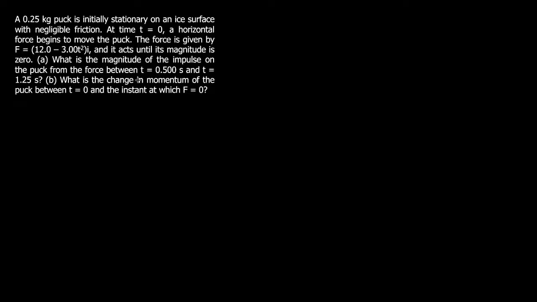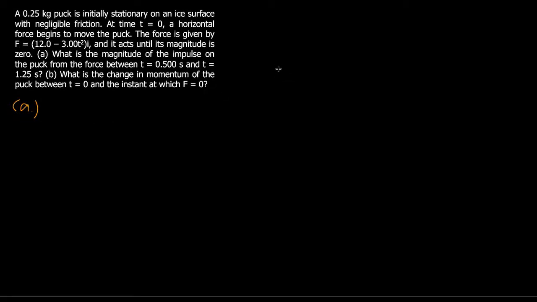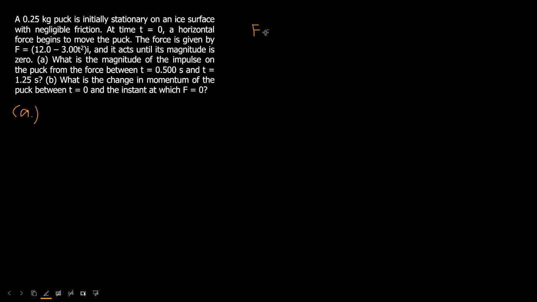So let's deal with the problems now. So for letter A now, we are finding the magnitude of the impulse. Okay. So meron tayong F as a function of time, that is 12 minus 3t squared.